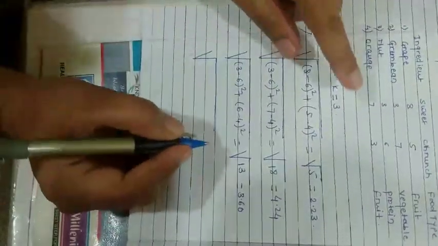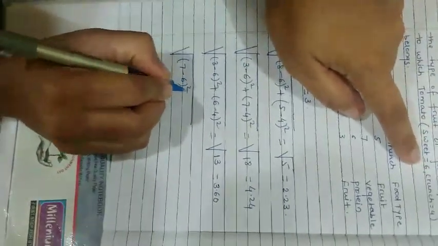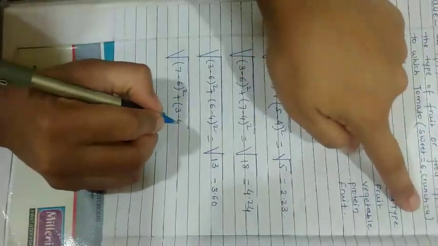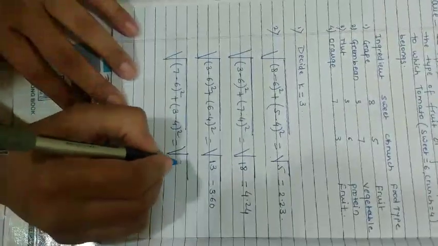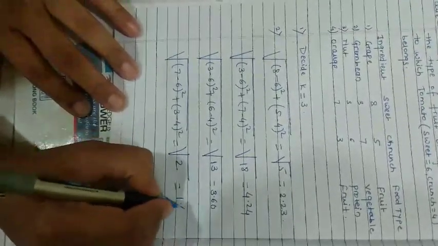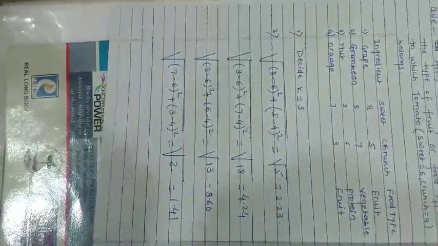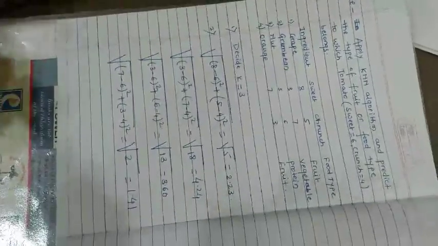Next, for fourth instance, 7 minus 6 square plus 3 minus 4 square. So value for this will be 2 and answer is 1.40. So this is the second step in which we have calculated Euclidean distance of every instance with this instance tomato.